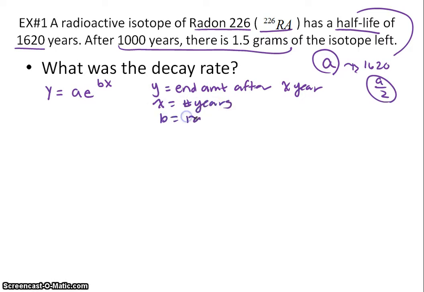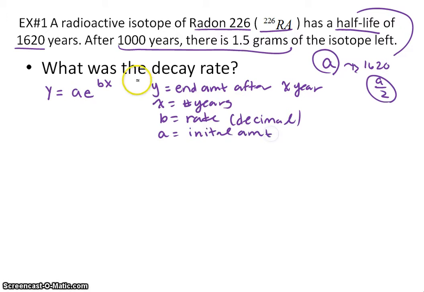B is the rate. If it's a growth rate, b will be positive. If it's a decay rate, b will be negative. So it's always going to be in decimal. And then my a, which we have here, is the initial amount.